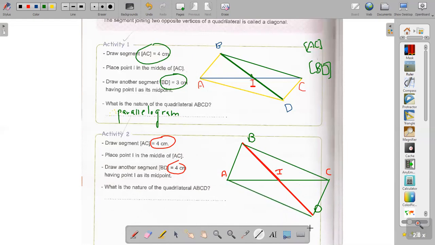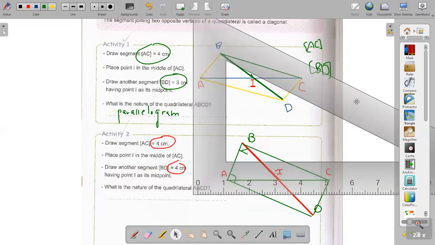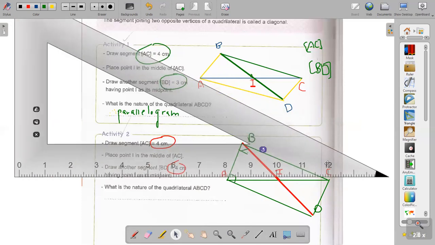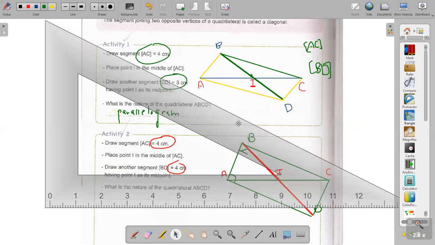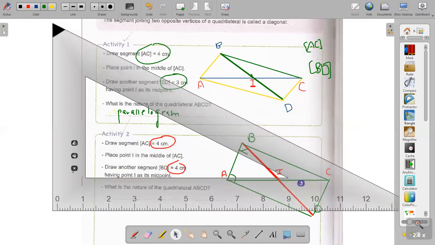What is the nature of this quadrilateral? What is the difference between activity 1 and activity 2? They are the same. But the difference here is that the angles here are right angles. If you look here at the angles, they are right. Look, bring a set square ruler. Flip it.